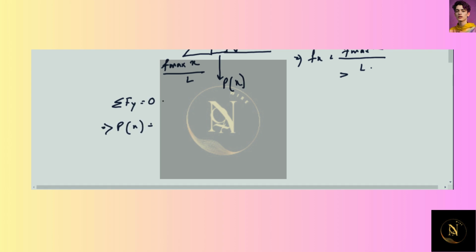So Px plus half F max x upon L multiplied by x minus P is 0.